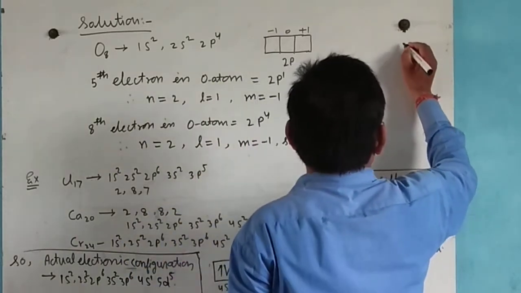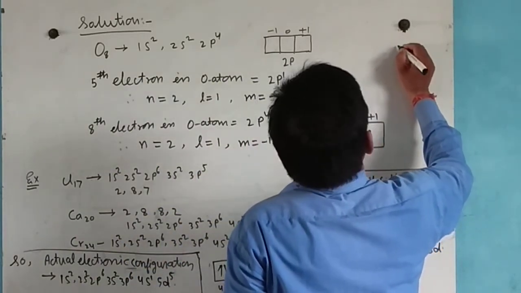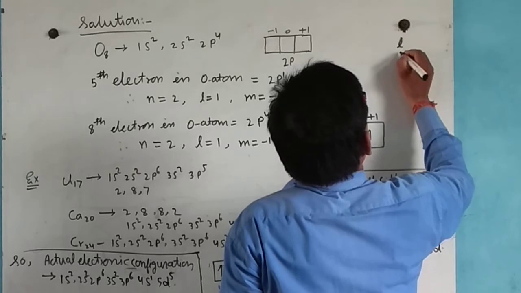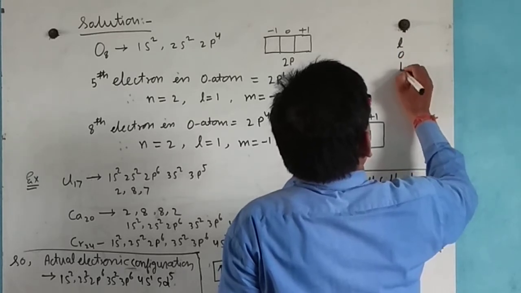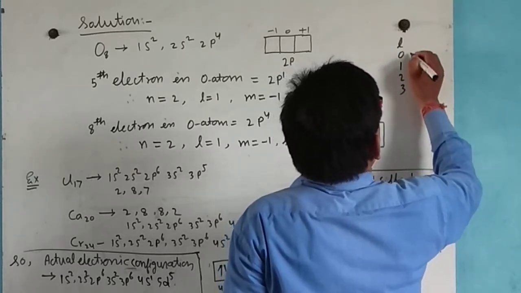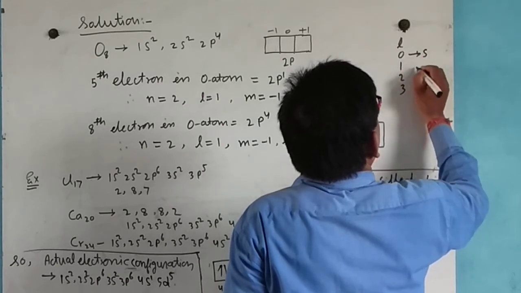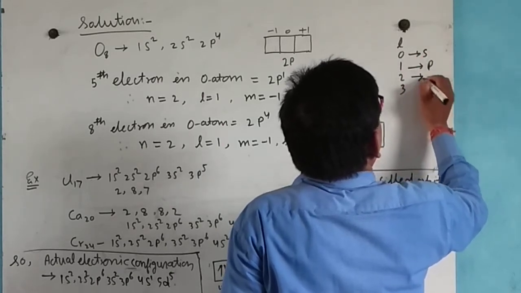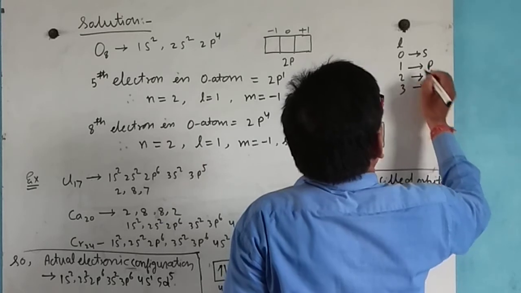As you know, the value of l is 0, 1, 2, 3: this is the s orbital, this is p, this is d, and this is f.